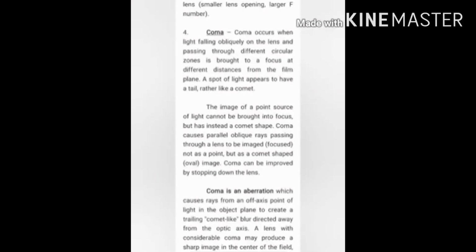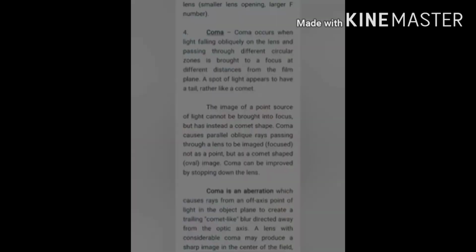Number 2. Coma. Coma occurs when light falling obliquely on the lens and passing through different circular zones is brought to a focus at different distances from the film plane. A spot of light appears to have a tail, rather like a comet.